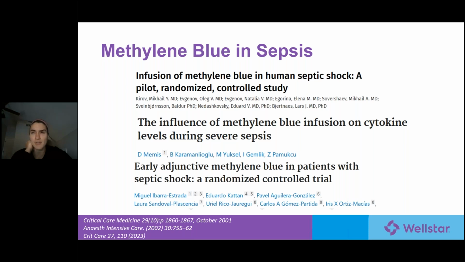And what they looked at was vasopressor requirements and then also ICU and hospital length of stay. And then time on ventilator, and also just some laboratory findings of like what their creatinine was, liver function, PaO2/FiO2 ratio, kind of scoring like that.